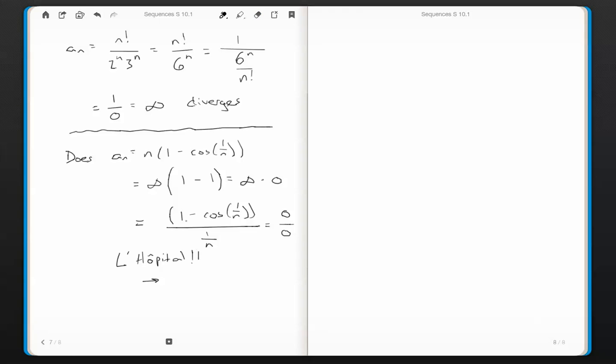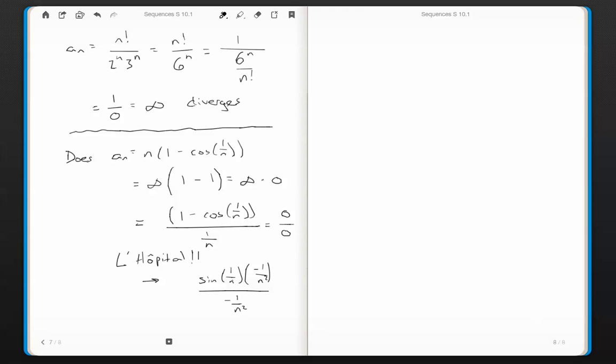When I take the derivative of the 1, that goes away. The derivative of cosine is negative sine, so that becomes a positive sine of 1 over n. But then chain rule says we have to take the derivative of 1 over n, which becomes negative 1 over n squared. And the bottom, the derivative of 1 over n, becomes negative 1 over n squared.